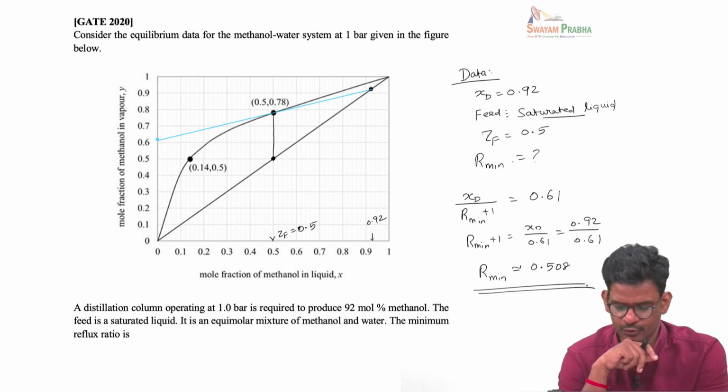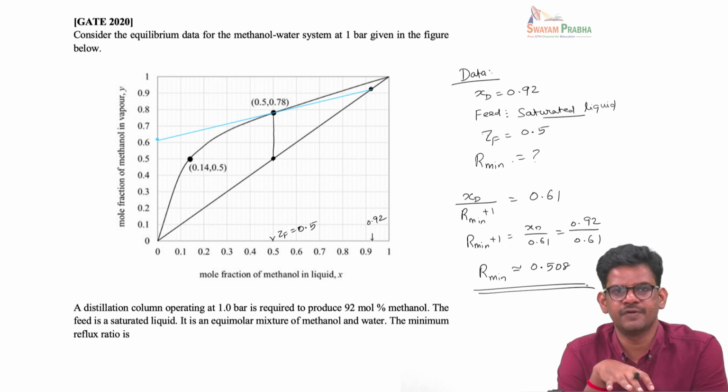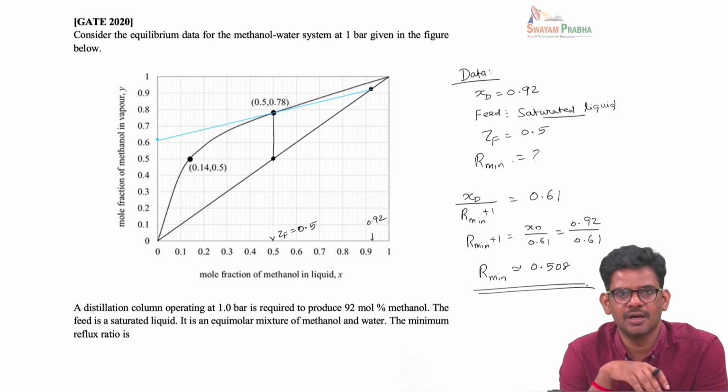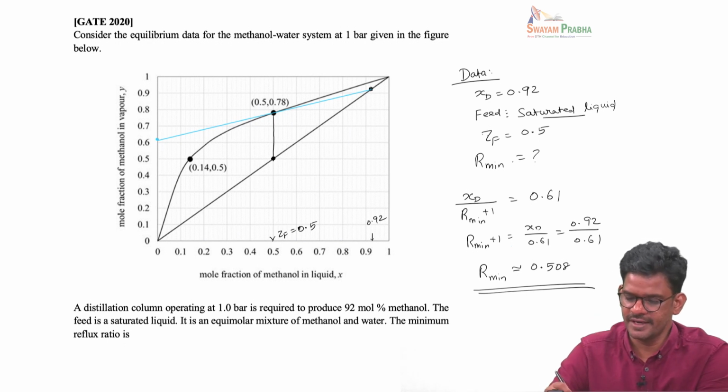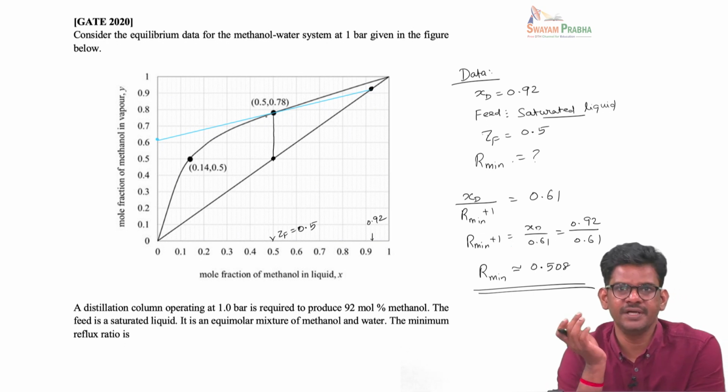So, this is an important problem because it allows us to find out the minimum reflux ratio from the enriching operating line. So, the way we did this was to find the XD on the 45-degree line, and then we identified the Q line because the feed is saturated liquid.